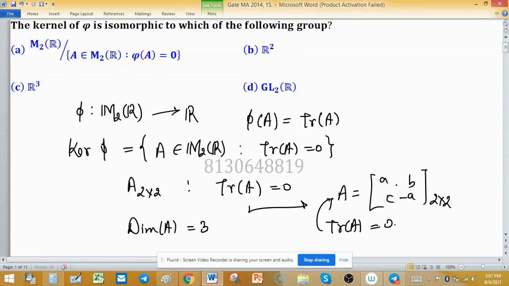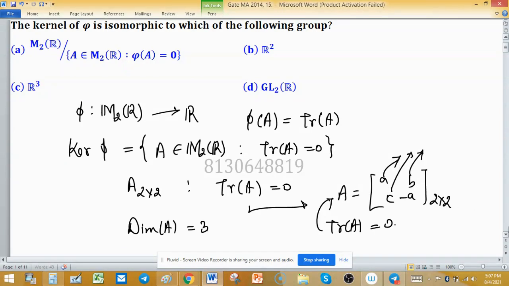So the dimension of this matrix A is 3. We can check how many independent entries come from real numbers. If we choose a, then minus a we can easily put as its negative. So the first independent entry, second independent entry, and this is the third one.